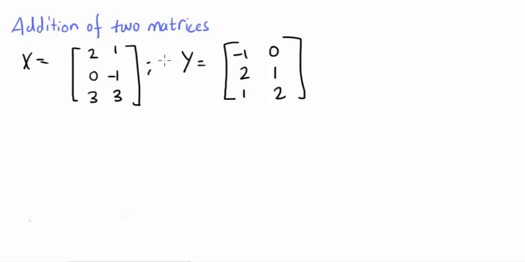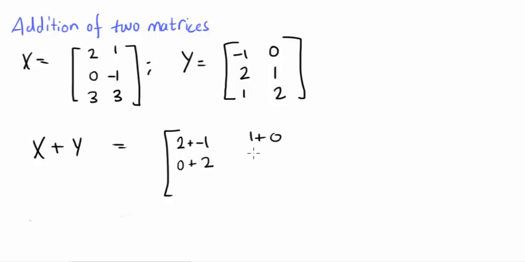To add together matrices X and Y, we simply add the corresponding elements. So X plus Y is equal to 2 plus -1, 1 plus 0, 0 plus 2, -1 plus 1, 3 plus 1, and 3 plus 2.